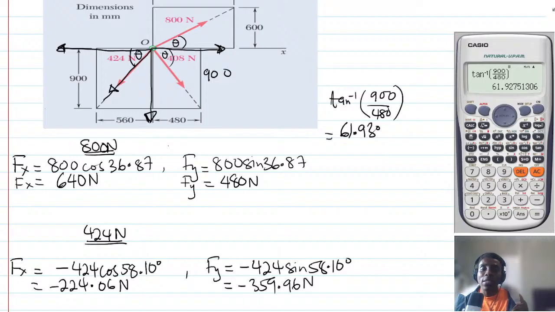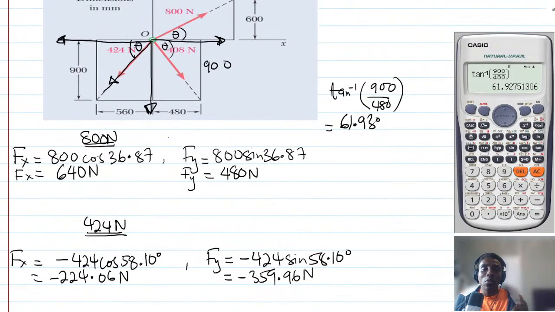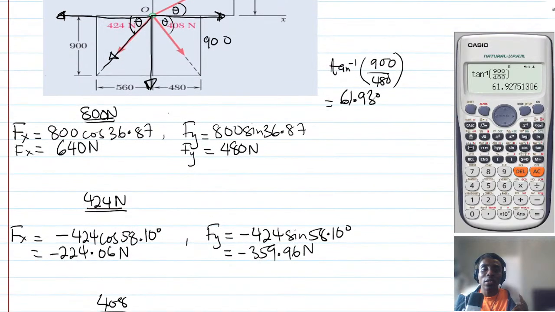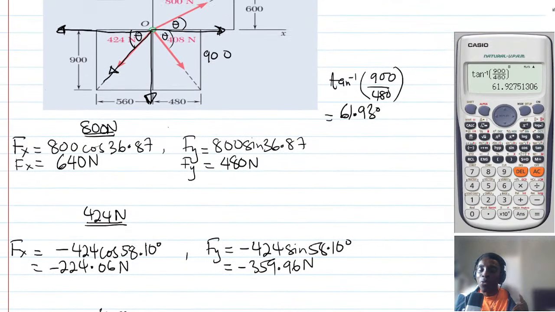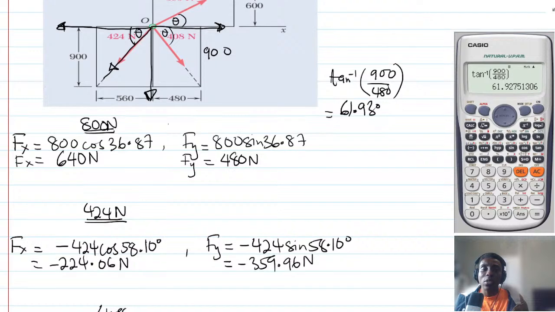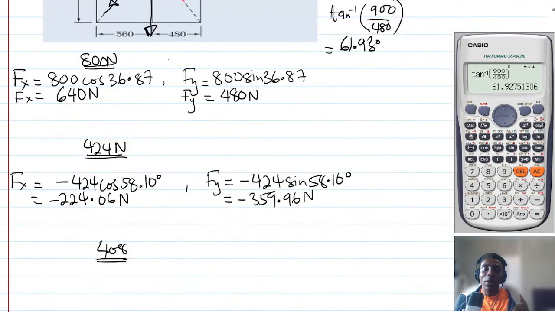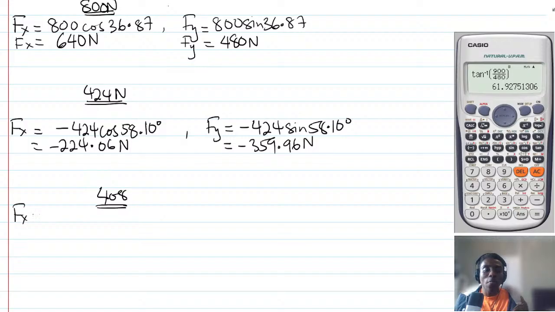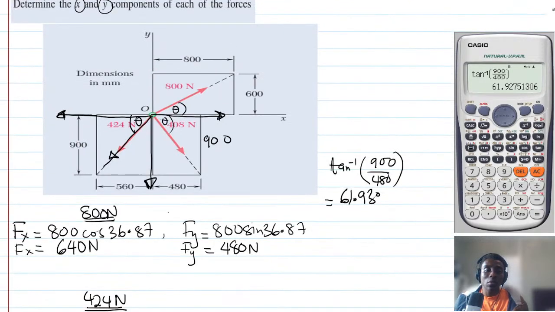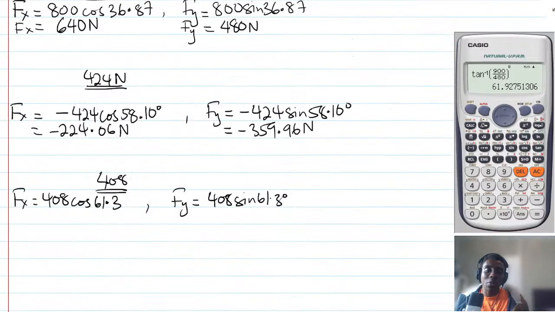So 408 cosine theta, which is 61.93, and Fy is 408 sine 61.93.